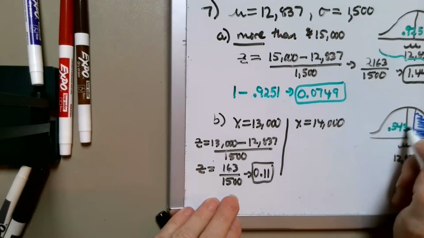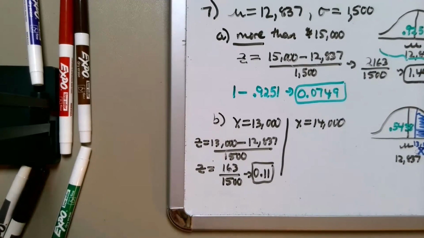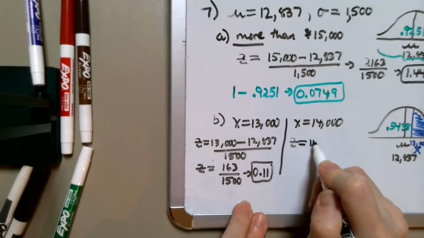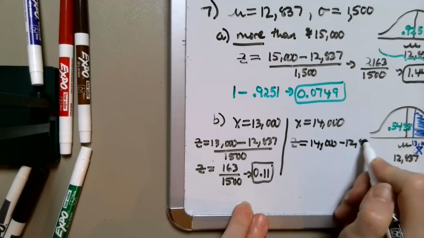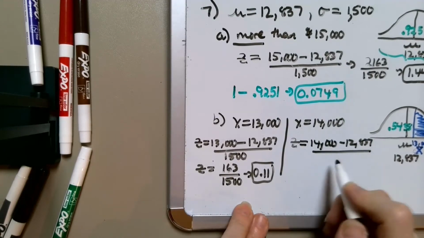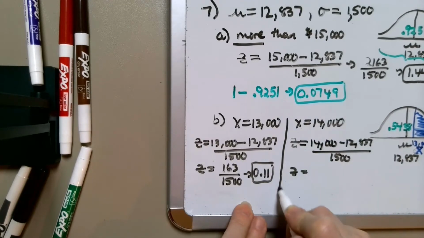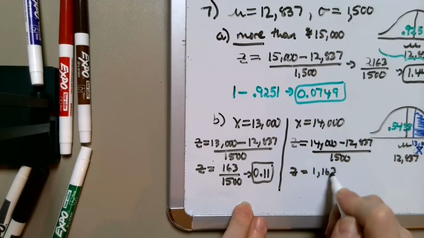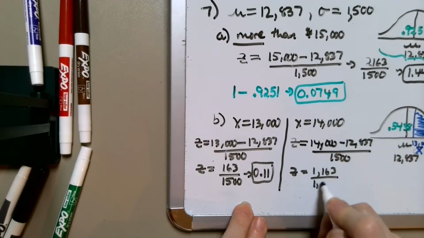0.5438. Okay, so now we're going to convert 14,000 into a z-score, which should also be positive because we're to the right of the mean. So we take x 14,000 minus mu 12,837 over sigma 1,500. So this is going to give me 1,163 over 1,500.